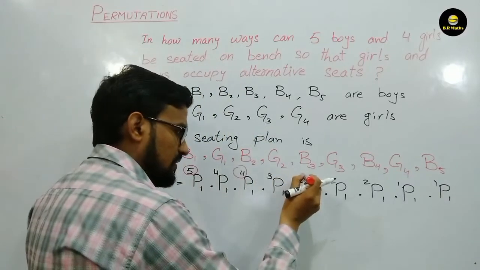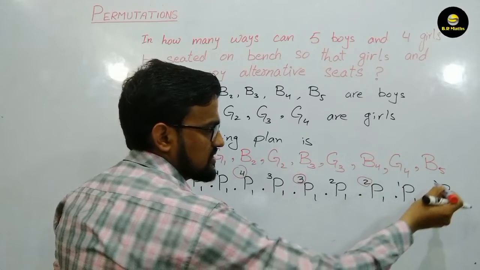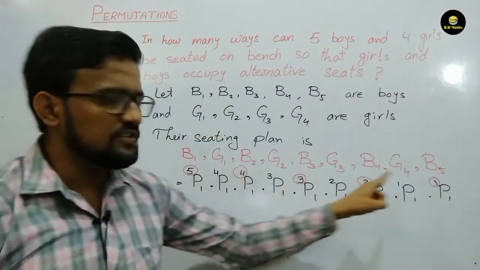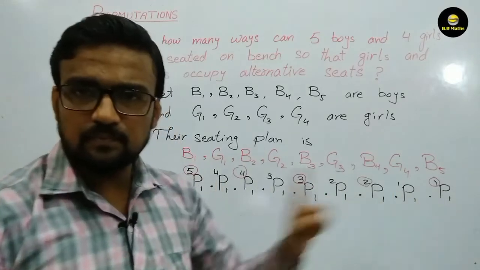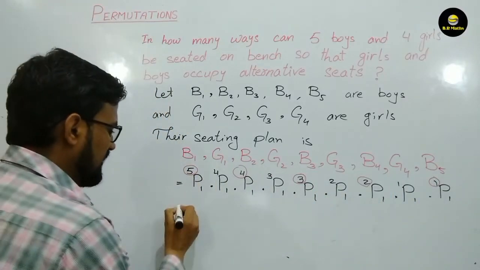See, in the circles are all the permutations for boys. These circles represent the number of boys and the other ones represent the permutations for girls. Okay, so simplify these.